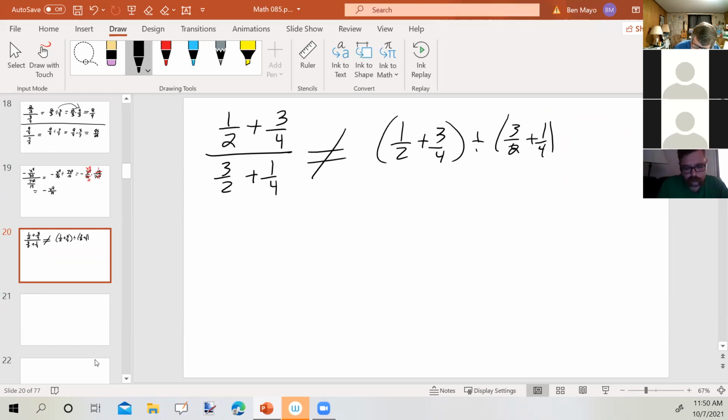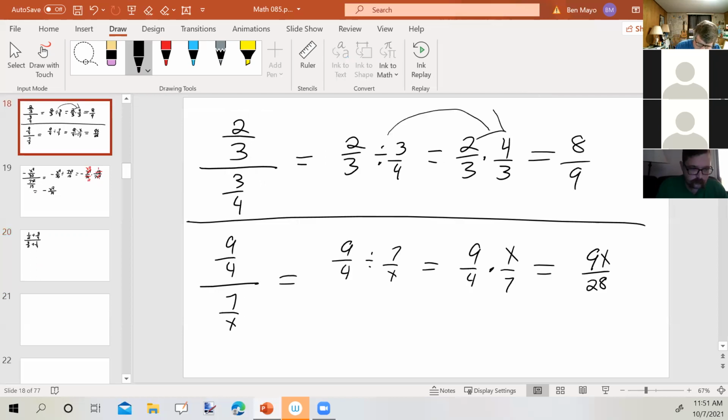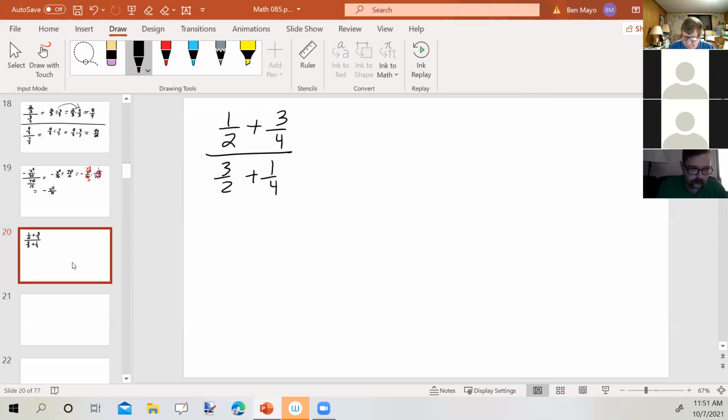You can do that, but you can't take this and take its reciprocal without it being a single fraction. So unless you're starting with a single fraction in the numerator and a single fraction in the denominator, you can't use that process that we've looked at here and here. So what do we do instead?